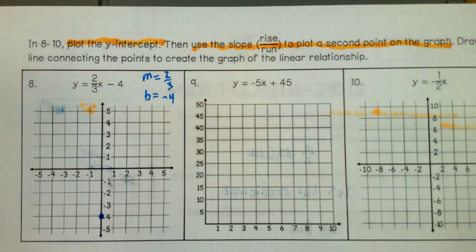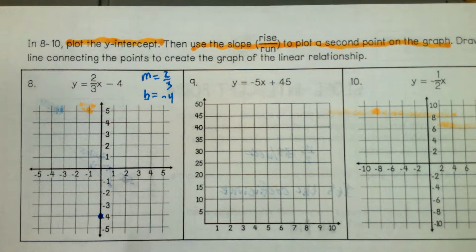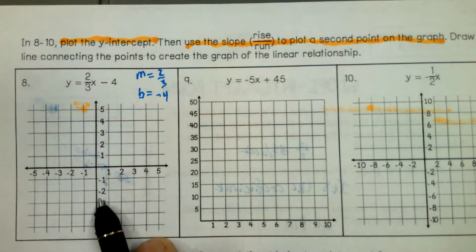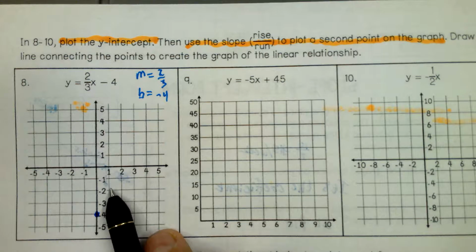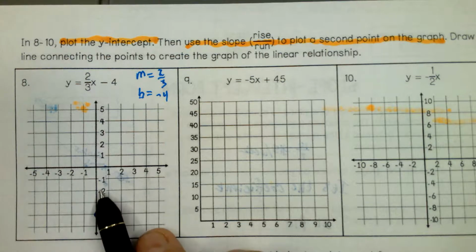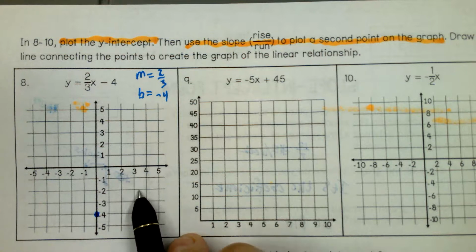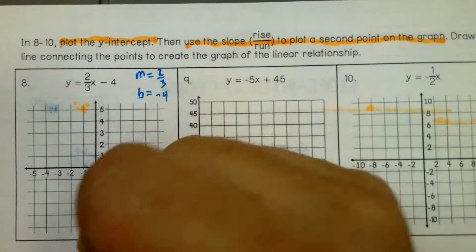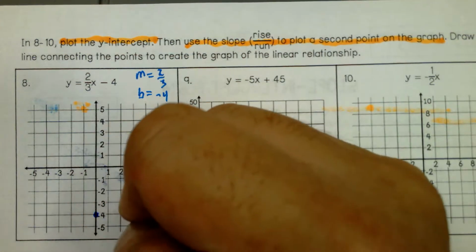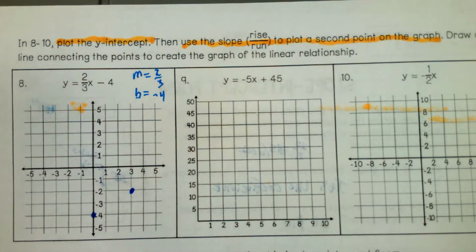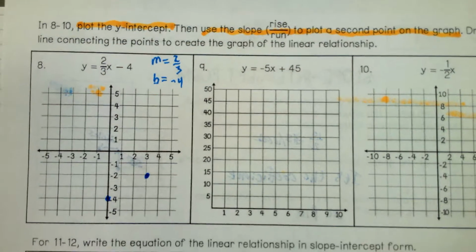The line crosses there. Now we're going to use rise over run. So from this point, I'm going to rise 2 and run across to the right 3. 1, 2, 3. Right there. So my first point will be right there. Up 2 spots, across to the right 3. Okay. And ideally you want a third point, but sometimes you can't find one.